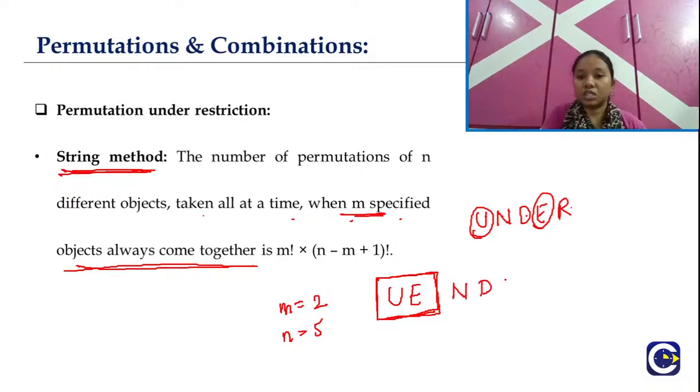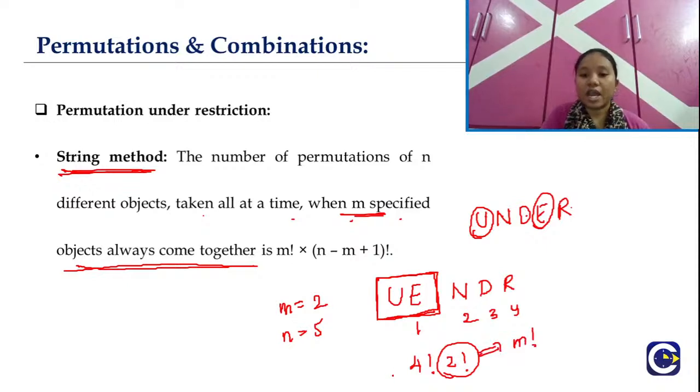N, D and R. So here we take n minus m plus 1, that is 1, 2, 3 and 4. So this is nothing but 4 factorial into 2 factorial, where 2 factorial is m factorial, and 4 is n minus m plus 1, that is 5 minus 2 is 3, plus 1 is 4.